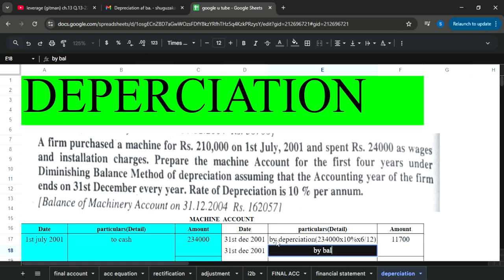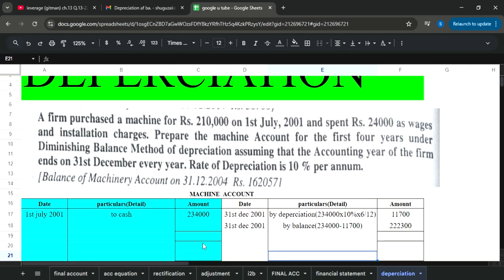The easiest way is just to subtract this depreciation from amount of asset. Amount of asset was 234,000. You will subtract depreciation which was 11,700. 234,000, once again I am telling you, minus 11,700 was the depreciation. Alright guys, balance has been calculated.